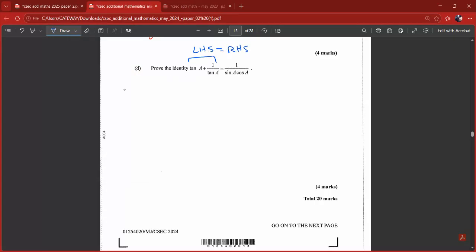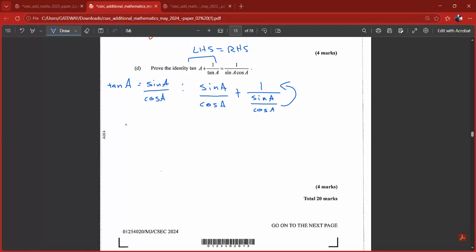So I write tan A in terms of sine and cosine. So this will be sine A all over cosine of A. So I have sine A over cosine of A plus 1 all over sine A all over cosine of A. So 1 divided by sine A over cosine A, you bring this on top and you flip.